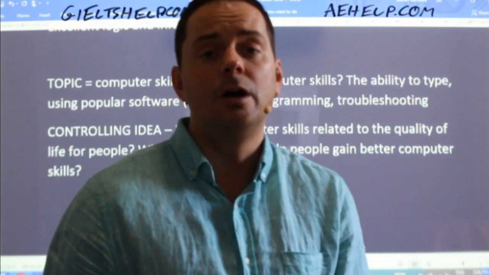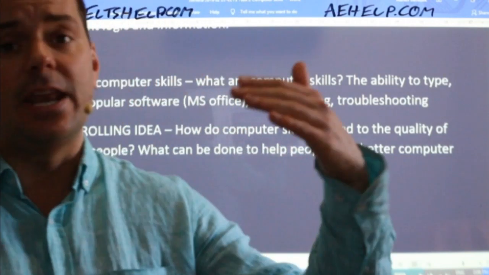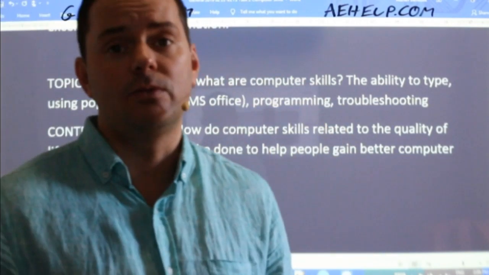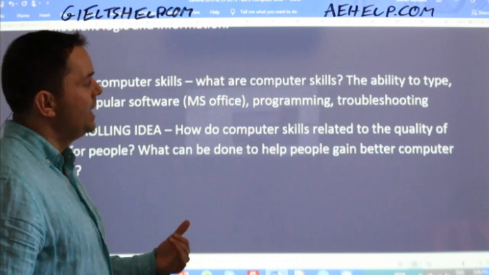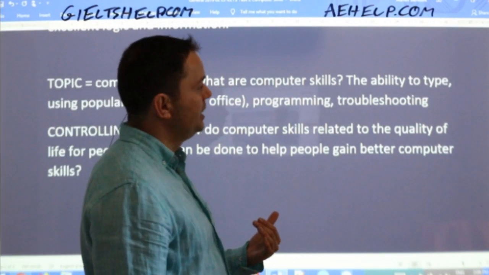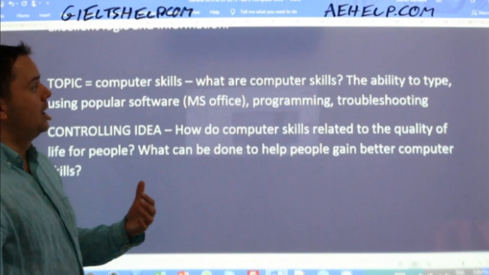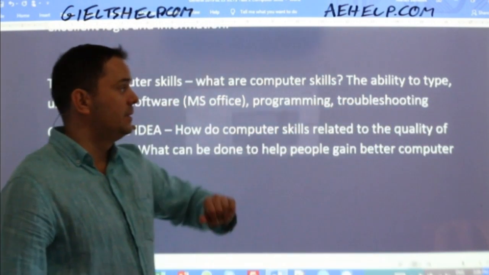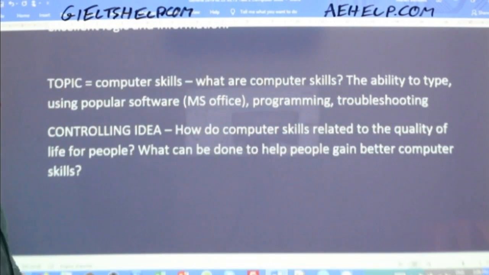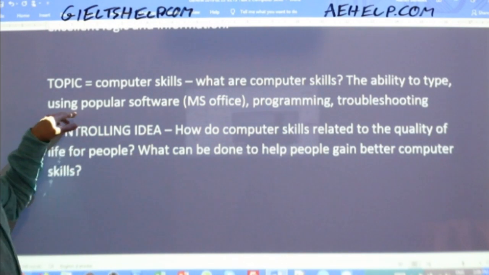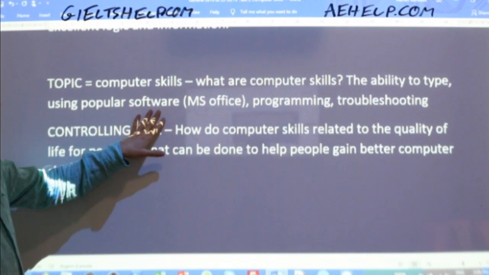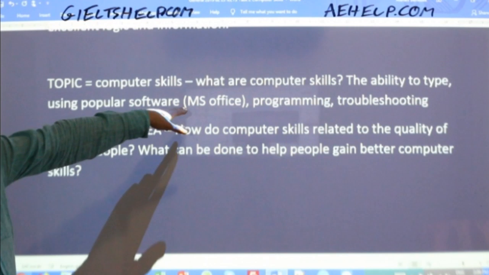As you saw, your fellow classmates in the chat had a lot of different answers for computer skills, right? So we identified the most popular answer as being the ability to type, given to us by Omar Al-Najjar, and the ability to use some software, as a couple students said MS software.